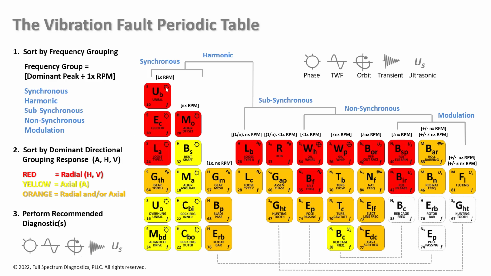These are also found in the upper right-hand corner of each of these tiles on the table. So we do a sort by frequency group, we do a directional sort if we can, then we perform the diagnostics on whatever's left on the table. We're going to start with that and walk through some of the examples here.